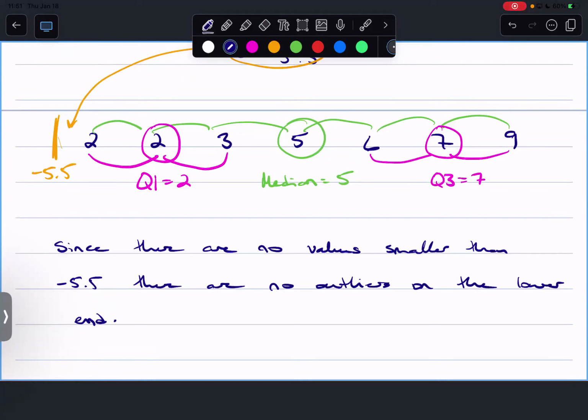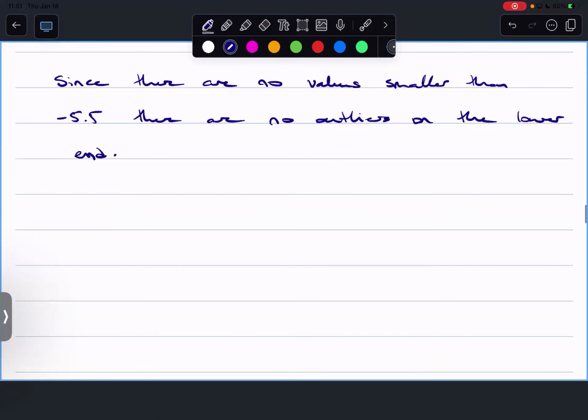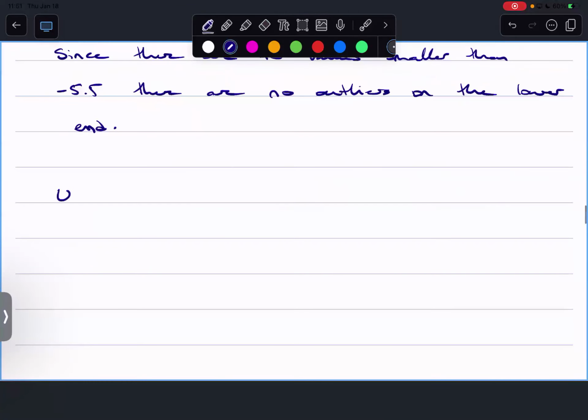Now we do the same thing for the upper bound. All right, we calculate the upper bound. It is going to be Q3 plus 1.5 times the interquartile range. And we've already calculated 1.5 times the interquartile range. As long as you've shown me what you did once, you can just plug in 7.5 if you want.